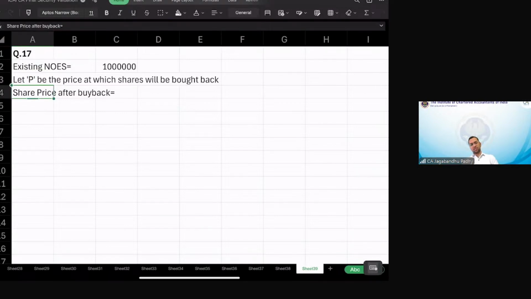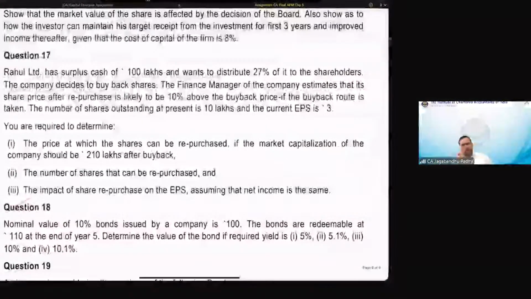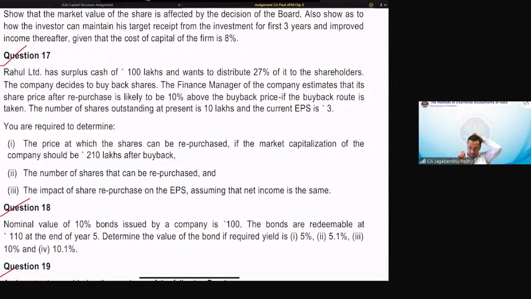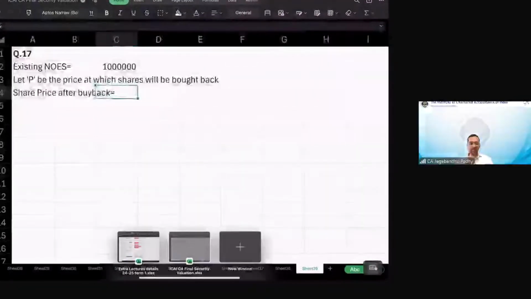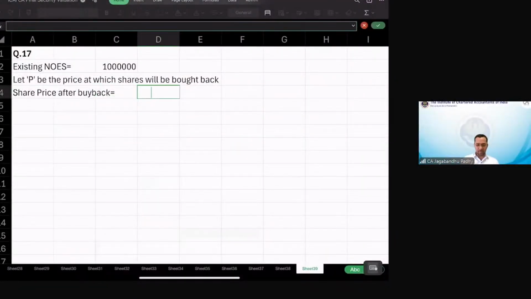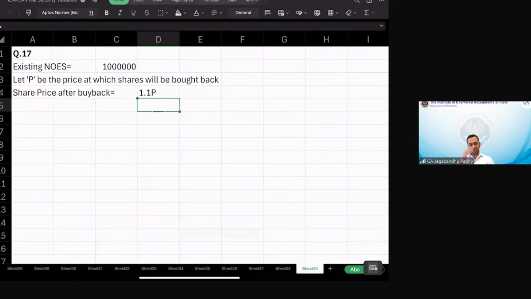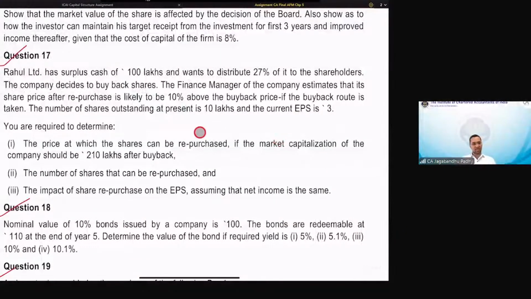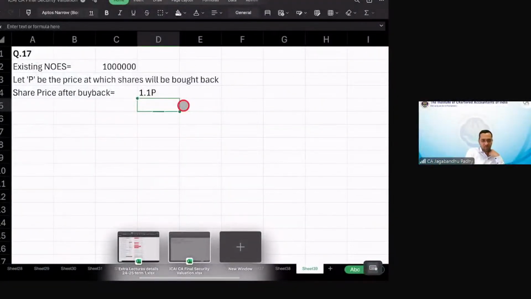We'll buy back each of the shares at P. So the price after buyback is obviously 1.1 P, because the question states that after repurchase, the price is likely to be 10% above the buyback price.